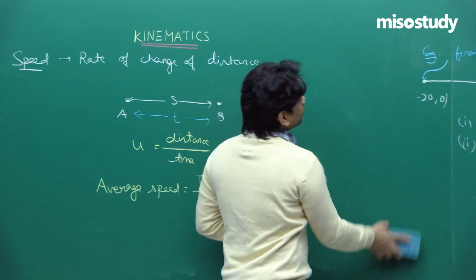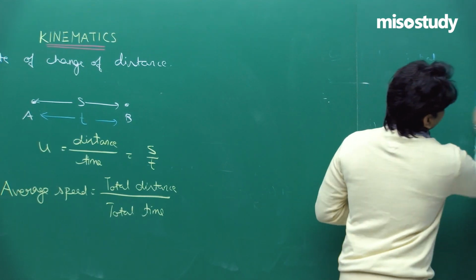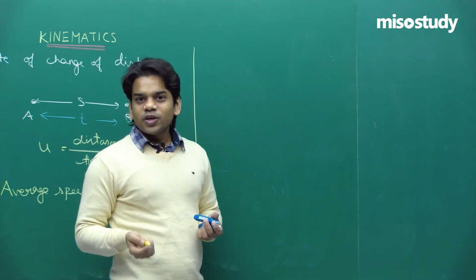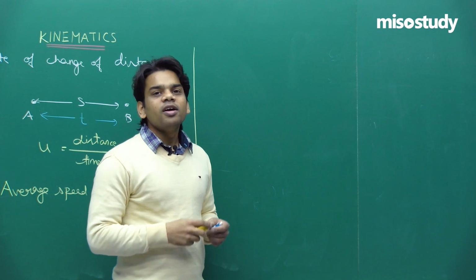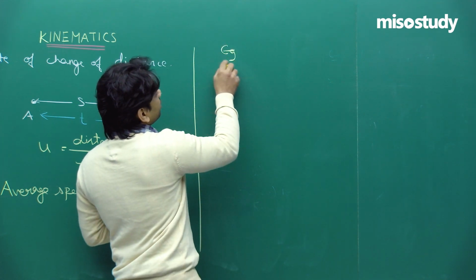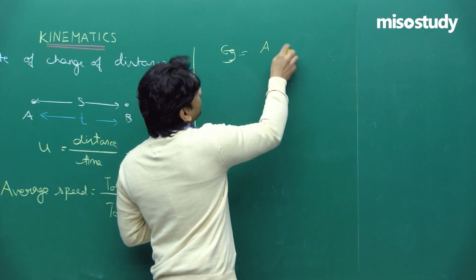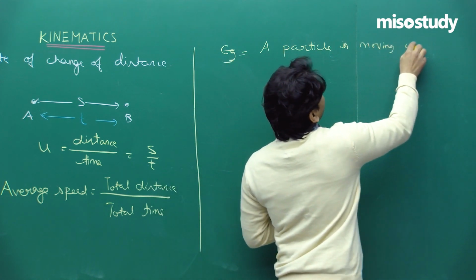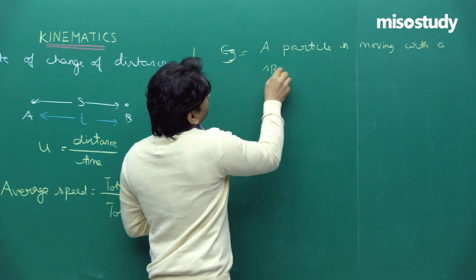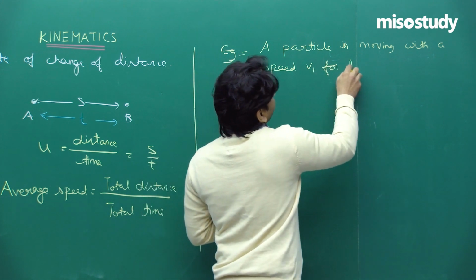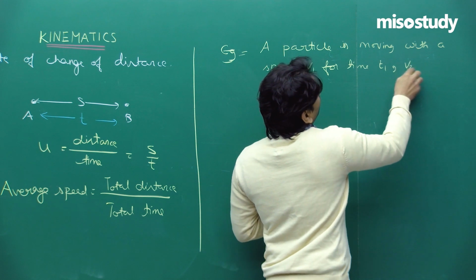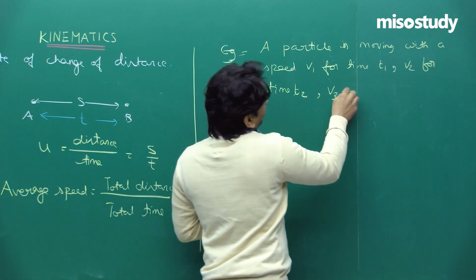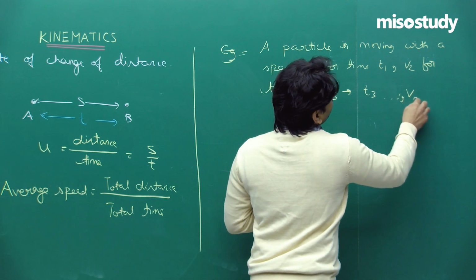Now let's do a very simple problem. Let us say a particle is moving with variable speed, and during its course of journey it has moved with a speed v1 for time t1, v2 for time t2, and v3 for time t3, and so on, up till, let's say, vn for time tn.